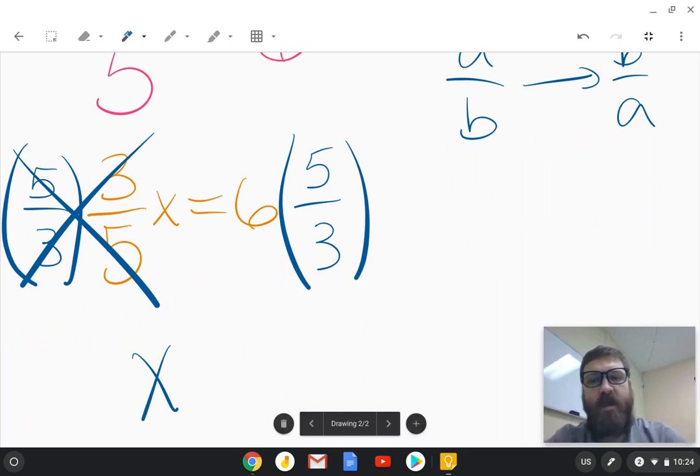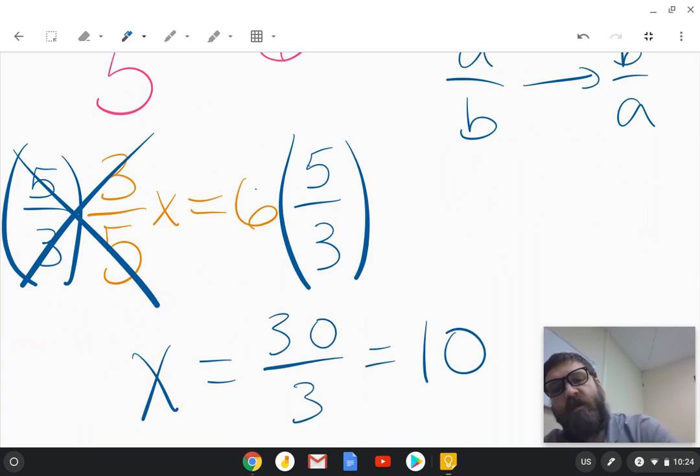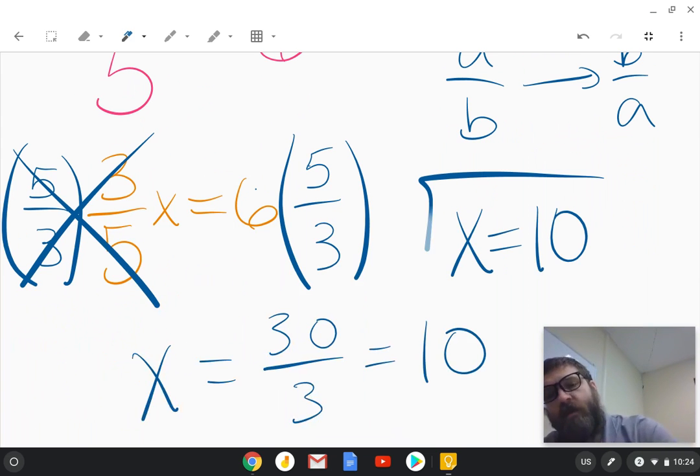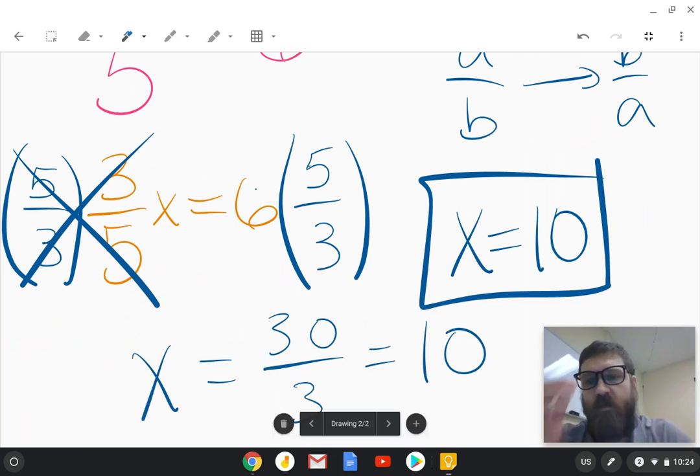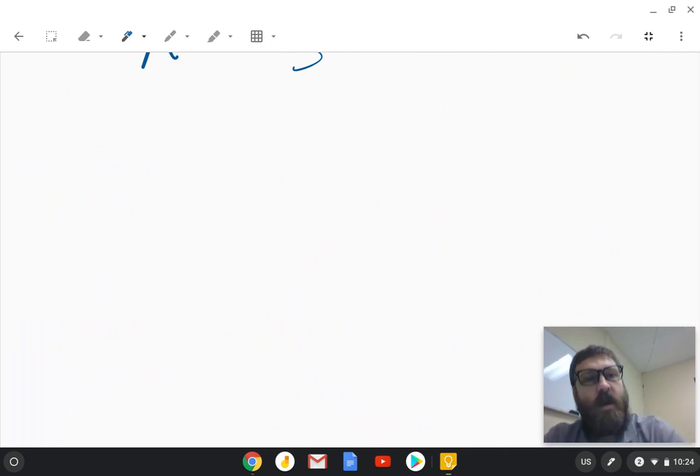Then on the other side I do 6 times 5, which is 30, over 3 equals 10, and so x equals 10 is the solution. So this is what they call multiplying by the reciprocal.